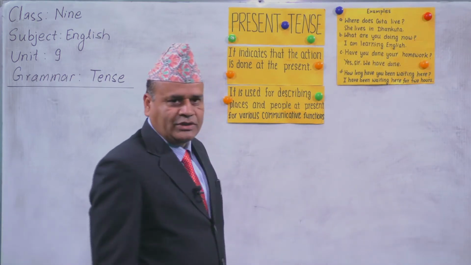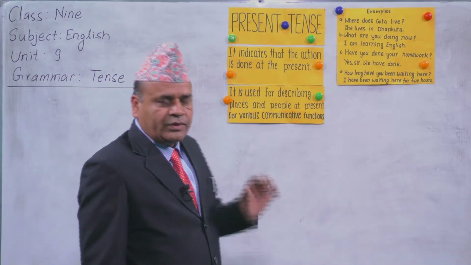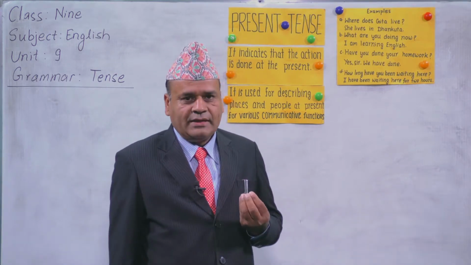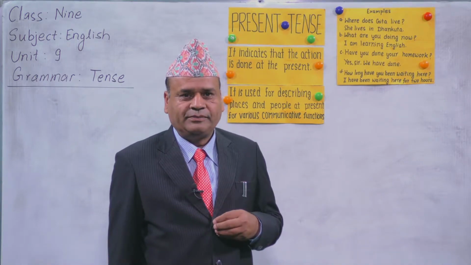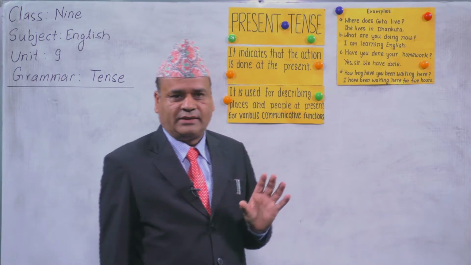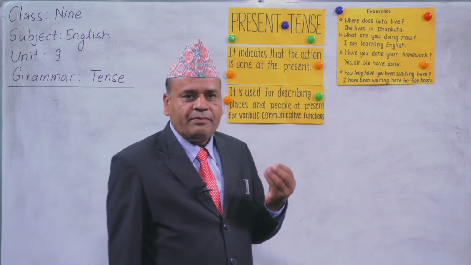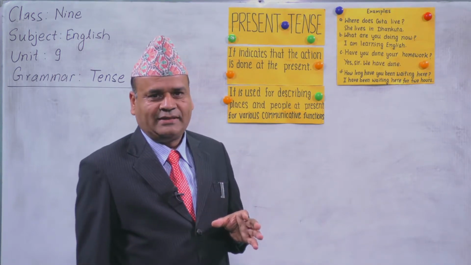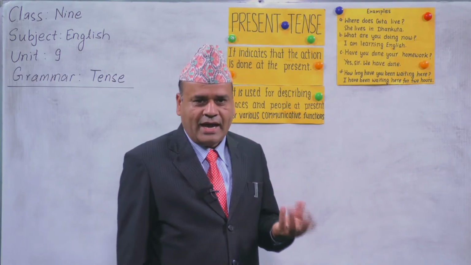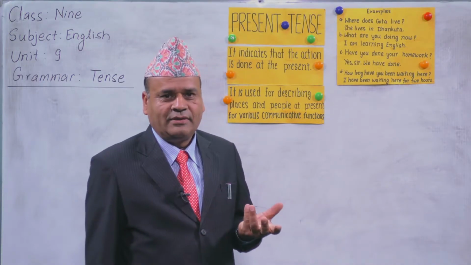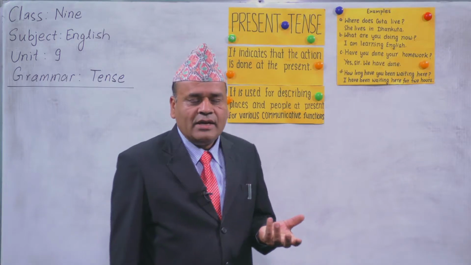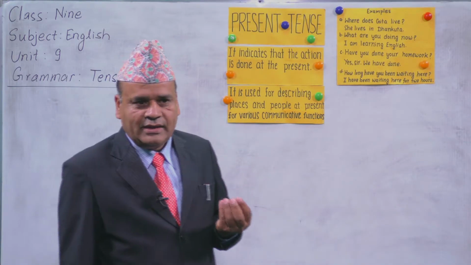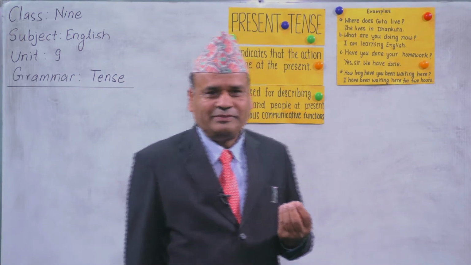I'm learning English. So, at the time of speaking, action is going on. So, this is continuous action. So, we use present continuous tense, right? What are you doing now? I'm learning English. This is continuous, all right? Okay, to indicate continuous, we use the ing form, okay?